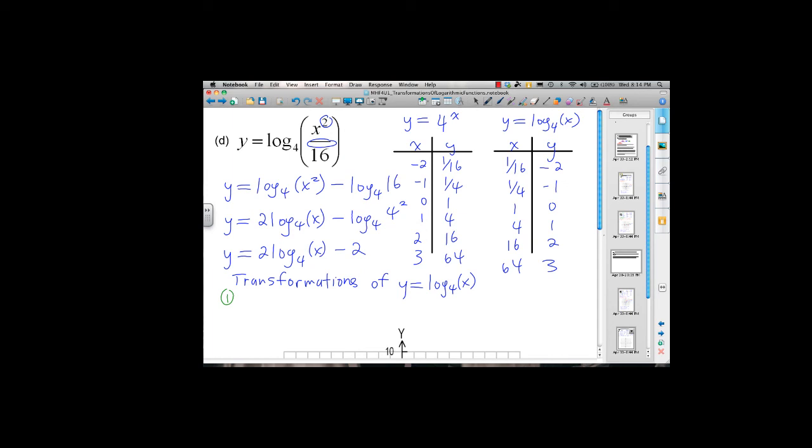In this case, my stretch will be a vertical one, so I would have to stretch vertically by factor 2. And then I would also have to consider the -2 at the end of the equation would be a vertical translation, so I'm going to have to translate down 2 units.